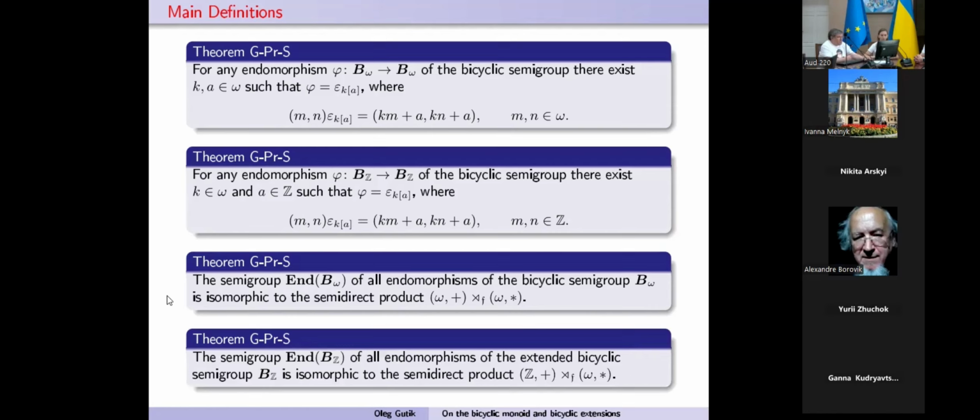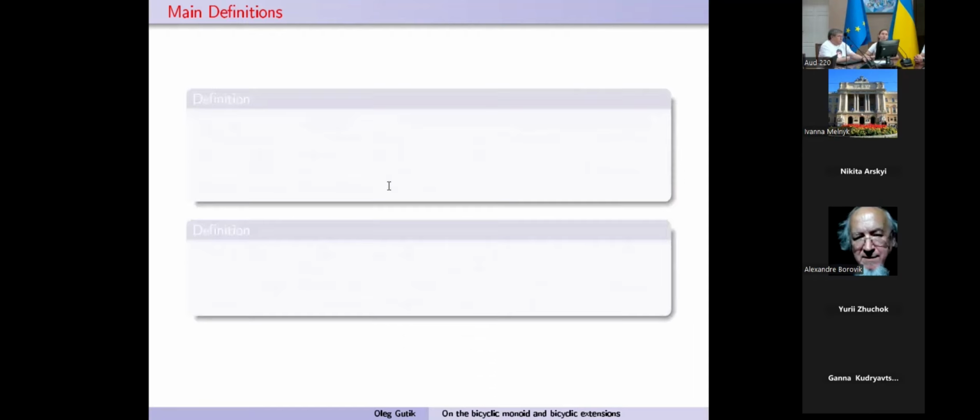Similarly, the semigroup of all endomorphisms of the extended bicyclic semigroup is isomorphic to the semi-direct product of the additive group of integers and omega with the usual multiplication.